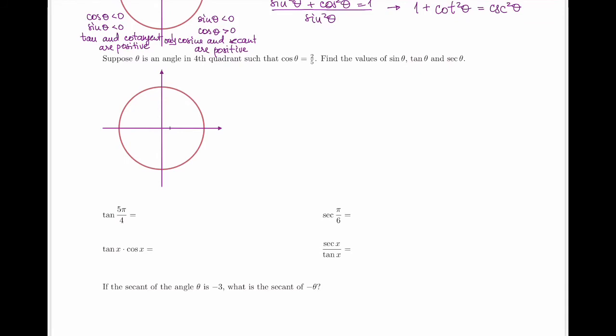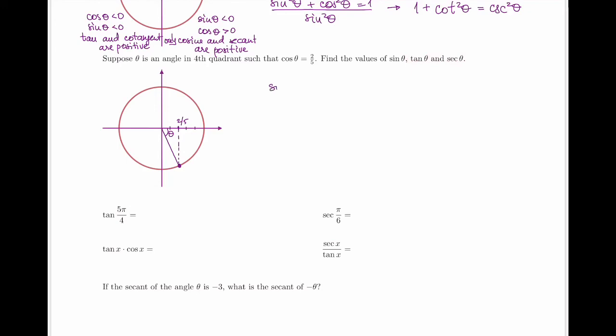If it's 2/5, I have to divide my 1 into 5, and then 2/5 will be this guy right here. It is the cosine, so I'm looking for the x value of 2/5. So my angle theta is somewhere in here. Right there. Perfect.